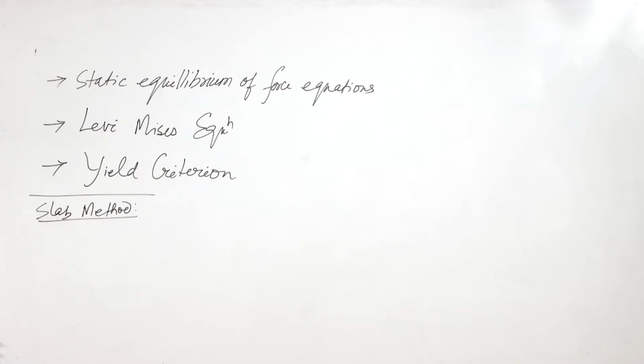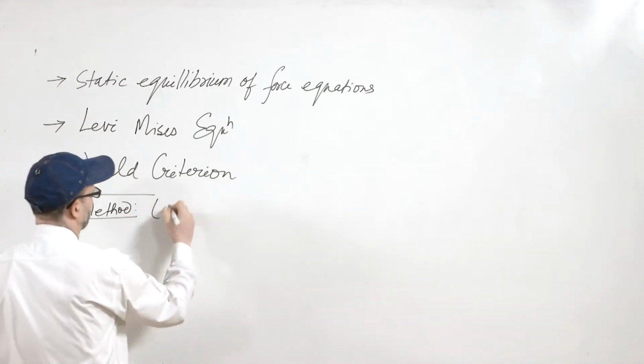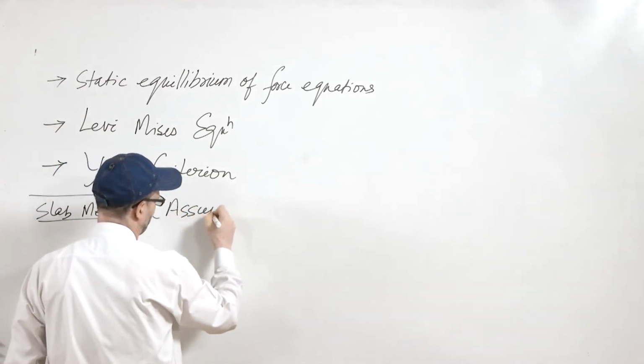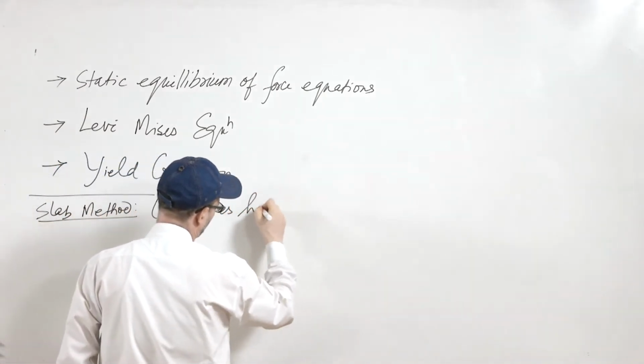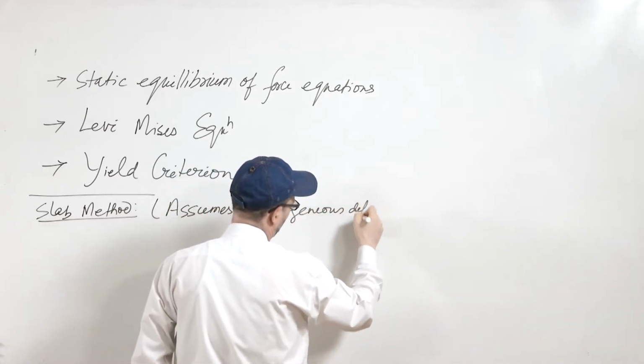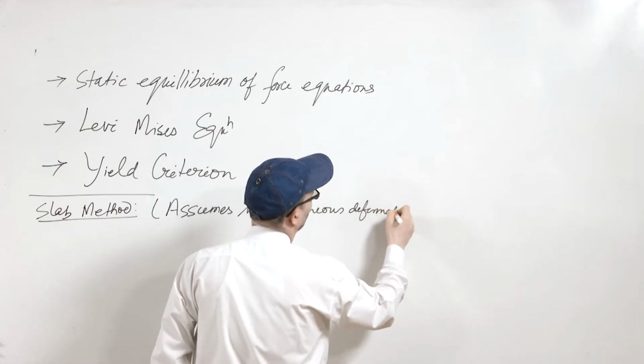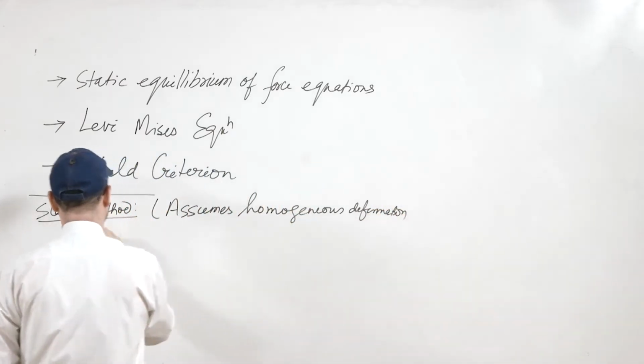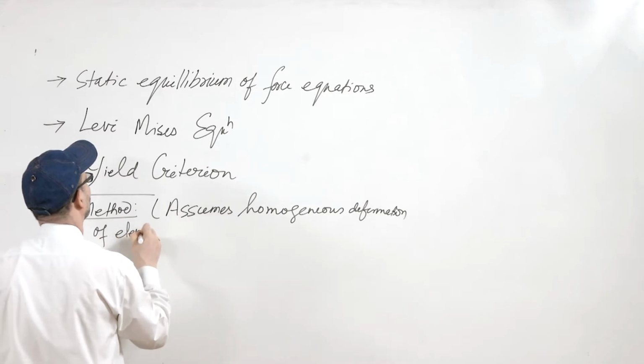So, the slab method basically assumes homogeneous deformation of the element in the deformation zone.